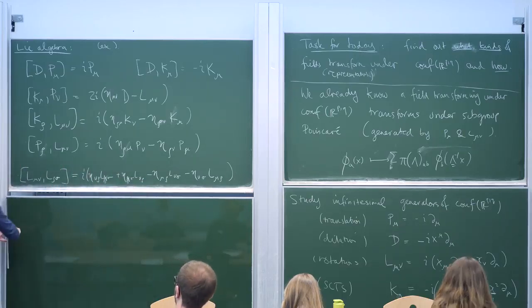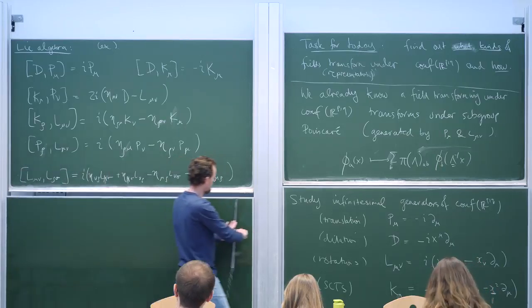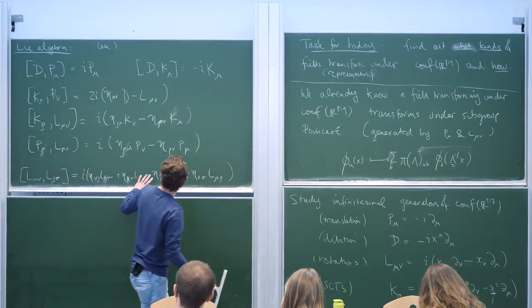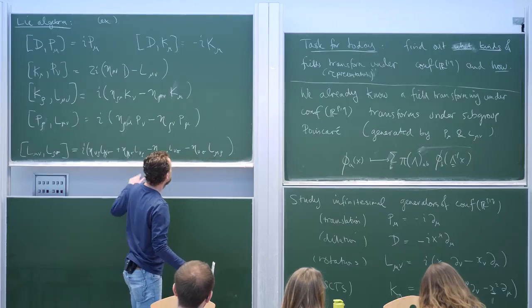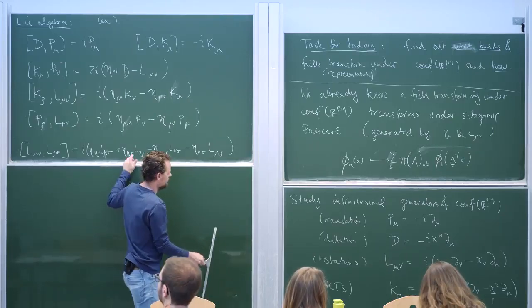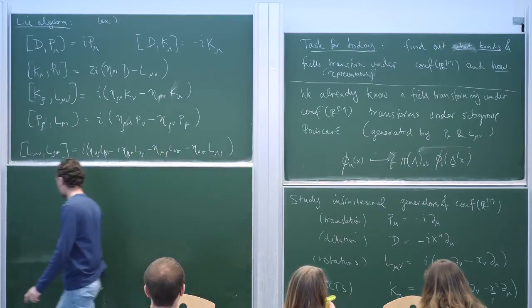The way we're going to do it is we're going to study a subgroup of conformal transformations, namely the ones that leave the origin fixed.